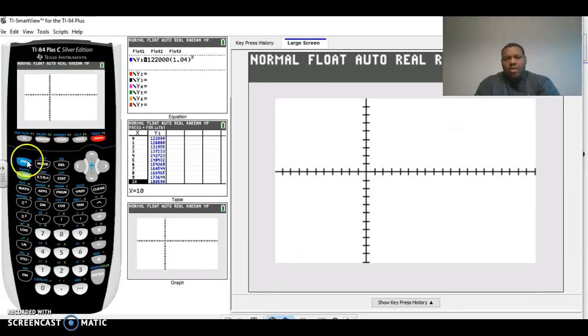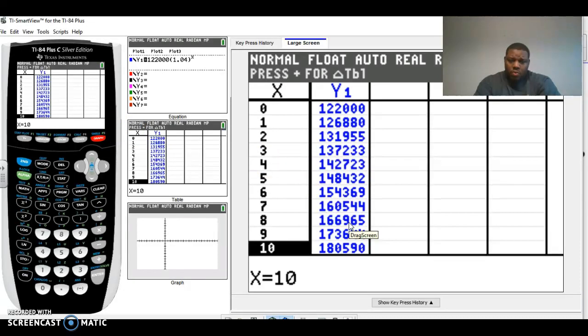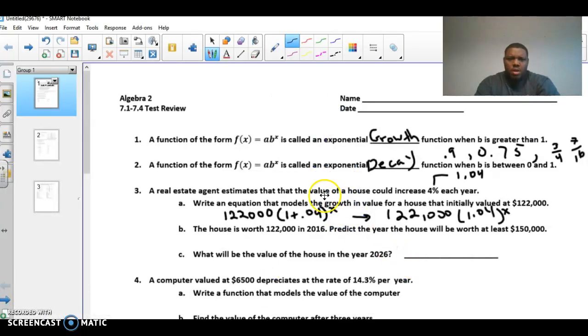Hit graph, but you can also press second graph to go to your table, and you can visually see when this is going to be larger than 150,000. This is your Y column. This is 2016, 2017, 2018, 2019, 2020, 2021, 2022. So somewhere between year 5 and year 6, or 2021 and 2022, the house would be more than $150,000.